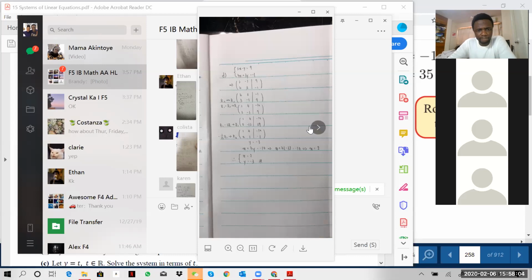Good. Interchange R1 minus R2. Very good. I've seen Venus' note and I've seen Nakita's note. Well done.